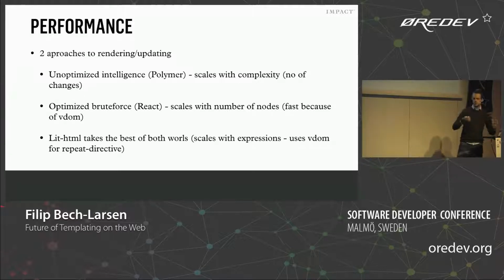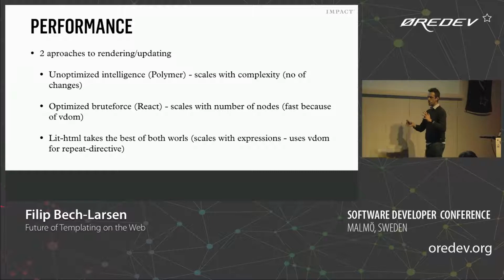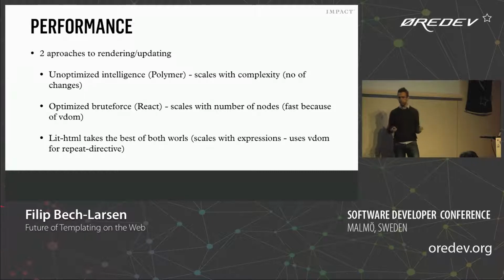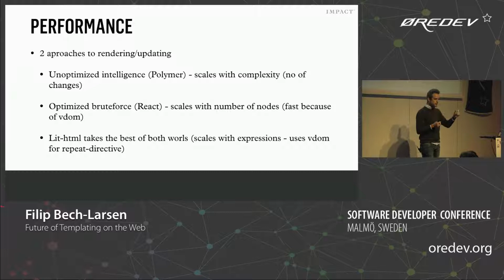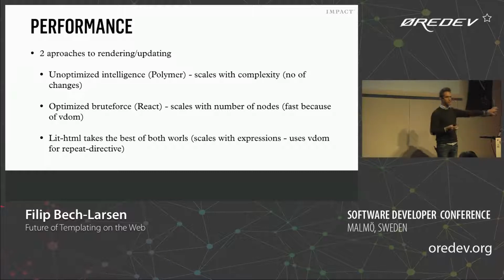What lit does is take a little bit of the best of both worlds. Because we know the parts that are static, we know they can never change, and then we have the dynamic parts, and we know these are the ones that can change. That means we can be pretty smart about what places to look for changes and what DOM nodes to keep in sync.